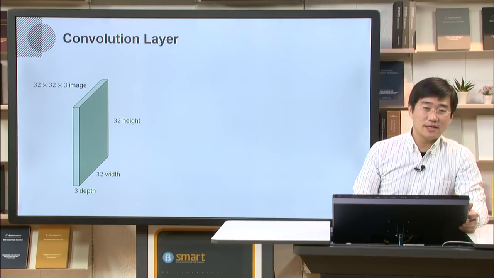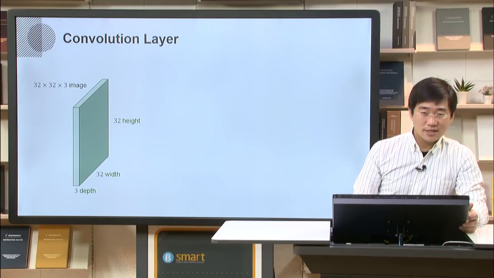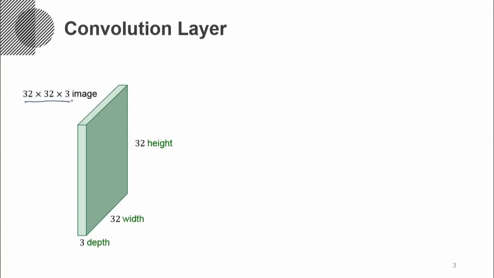But in reality, our input image has this kind of size. For example, suppose our input image has the size of 32 by 32 in terms of width and height.